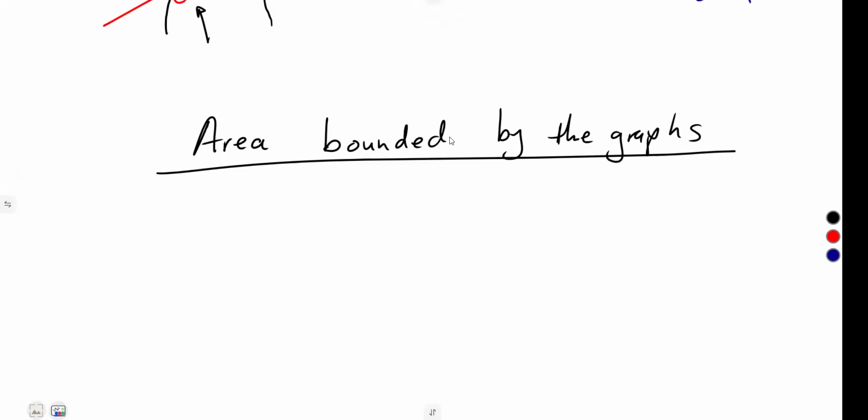So in this case, we are going to move on to looking into the area bounded by the graphs, and the quadratic graph, the one that we have been working with. Sometimes you have a certain region where they want you to determine or calculate the area.